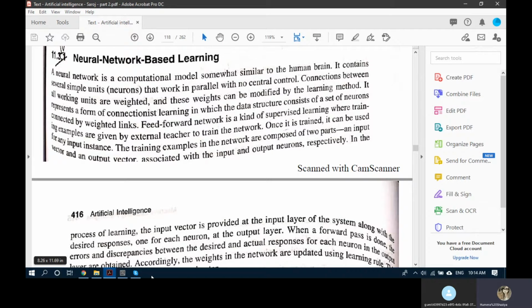There are a tremendous number of success stories of neural networks.